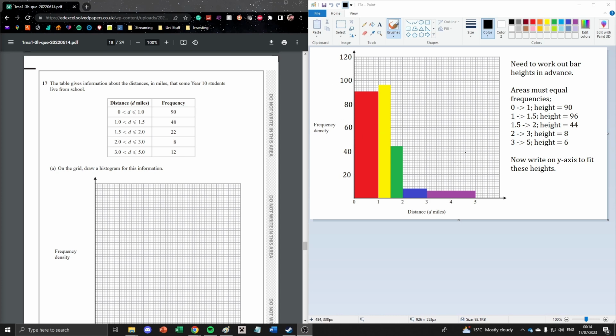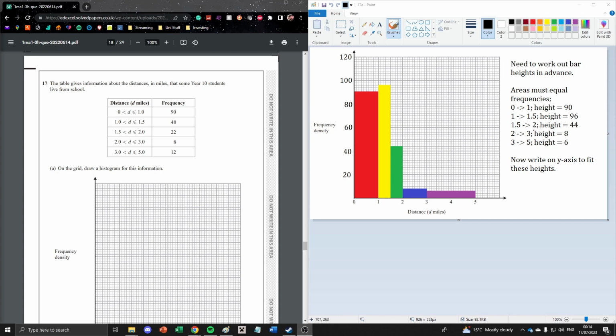And so before we can plot the histogram, we have to think about what the height is actually going to be for each bar. That's going to be width times height equals frequency. The width of the first interval, 0 to 1, is 1, and so the height just needs to be the same as the frequency, 90. So 1 to 1.5, we need the height to be twice the frequency, so 96.